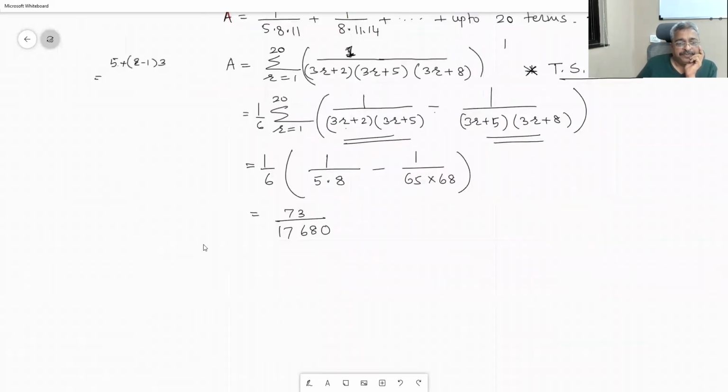Next problem. Now let me give you the problem in sigma notation only.